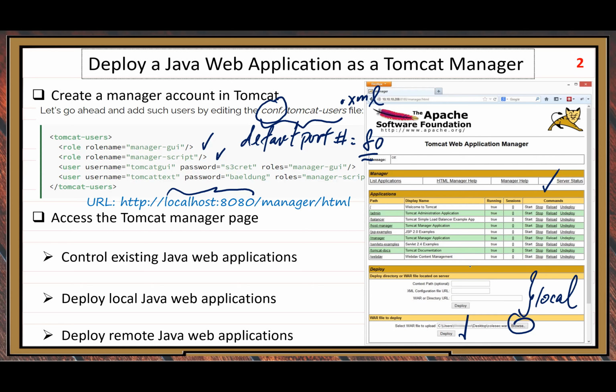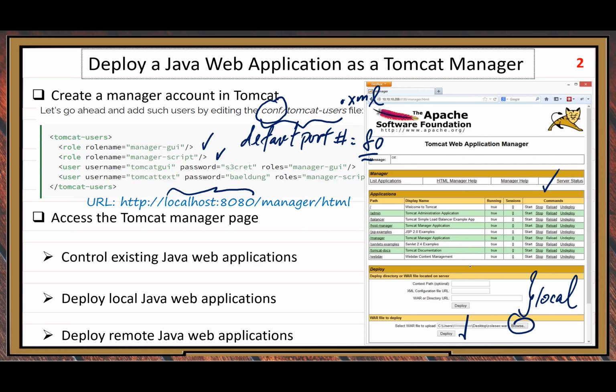That is the Tomcat manager. Here is something to note: we know there are many Tomcat versions right now. Already we have version 10, the newest version. For the old Tomcat, after you install it, you bring up the home page of Tomcat, there is a manager link, you click it, and you go to the manager page. But in recent Tomcat versions, that link is gone by default.